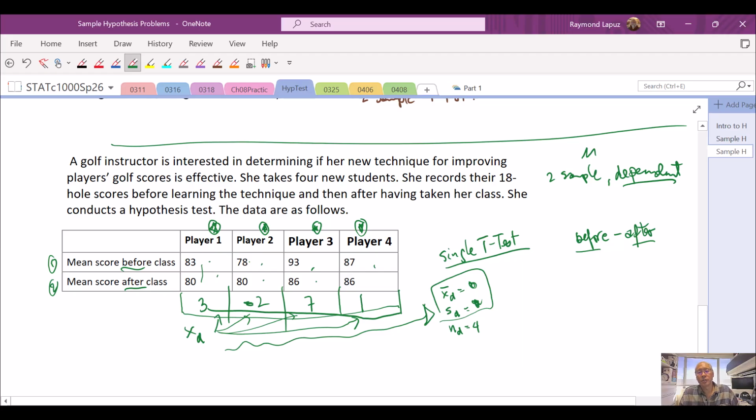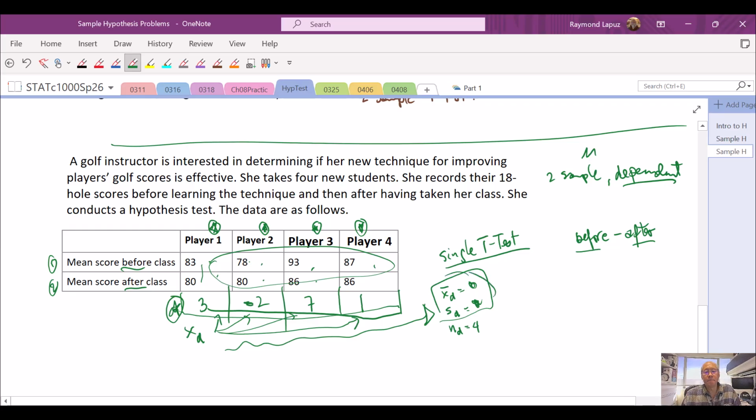If you use the program that we created for this class in Google Sheets, you just type in these values, and then the program will figure out the statistics that we'll need.